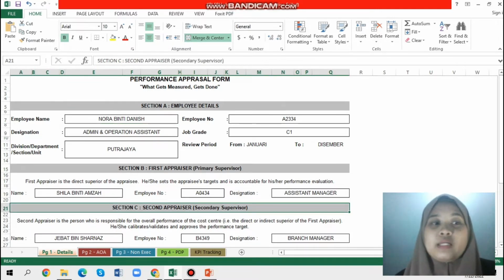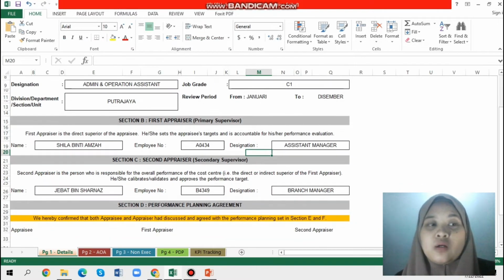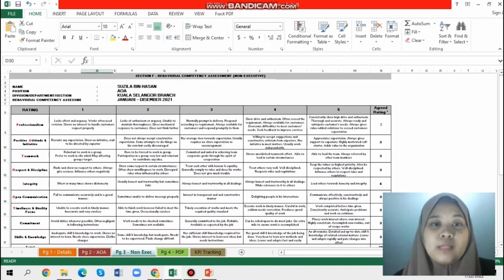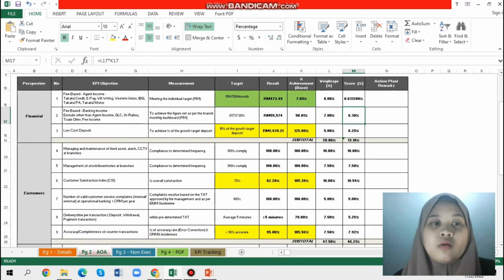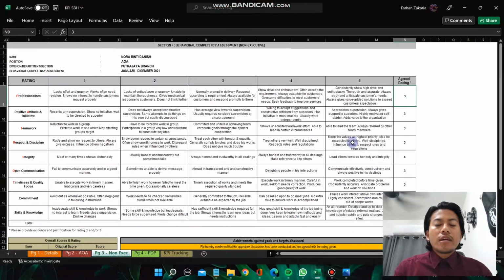The form is segregated section by section, starting from employee information, performance summary with a 5 score rating.